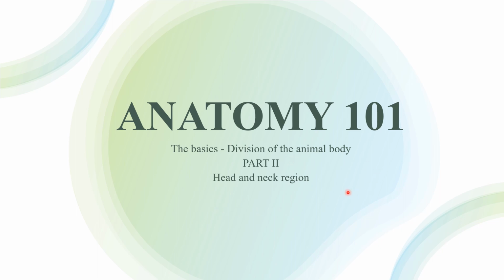It will be a little more complex, with some more terms both in English and Latin, but it will be helpful later on because everything in anatomy is connected. So even though we're talking about the division, some of these terms will be very useful when we talk about bones and muscles and any other aspect of anatomy. So let's go.